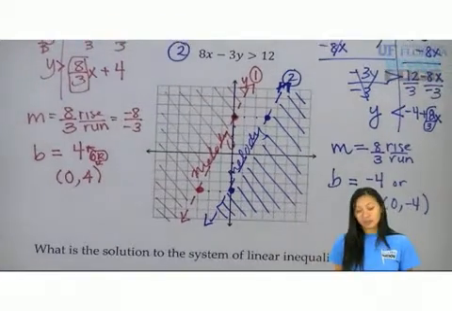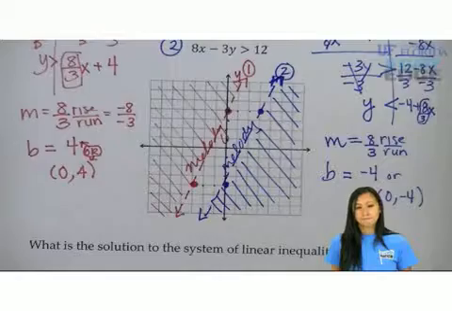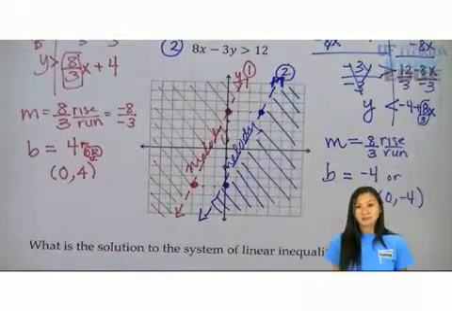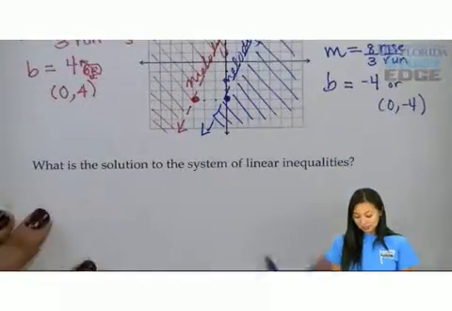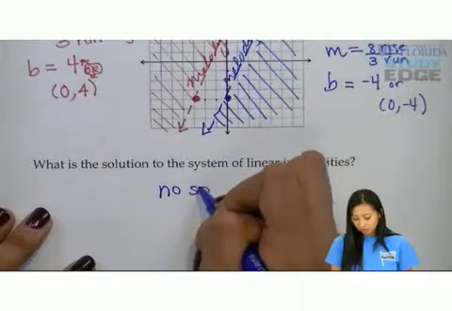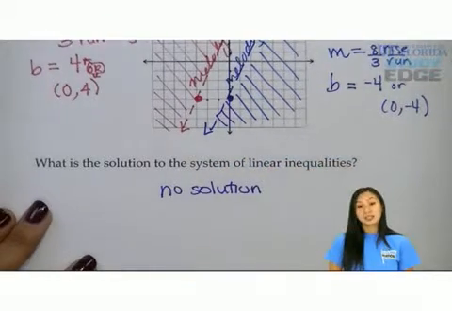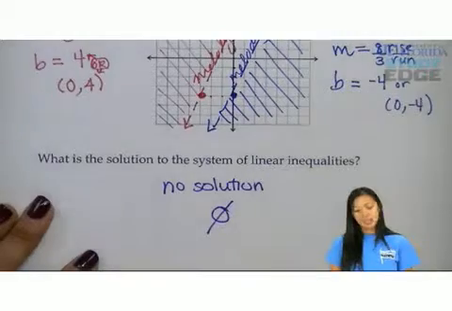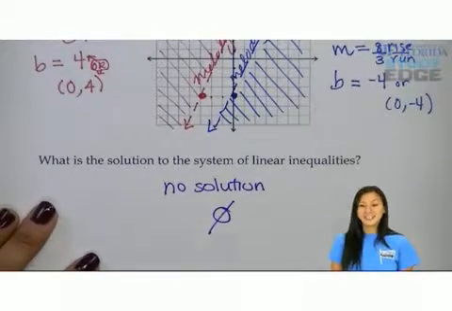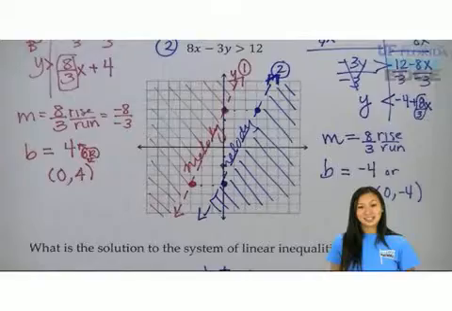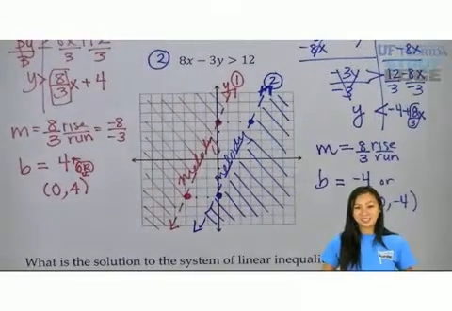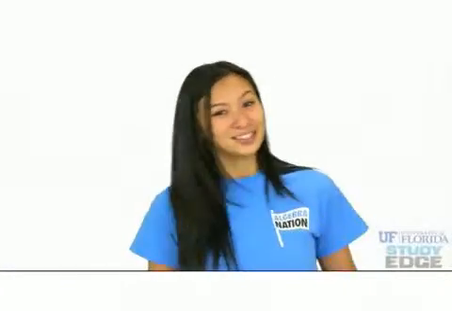Where is the area where they overlap? These graphs will never overlap at all, right? So actually, there is no solution. There's no solution to the system of linear inequalities. Whew. All that work and there's no solution? It's okay. No solution is still a solution.